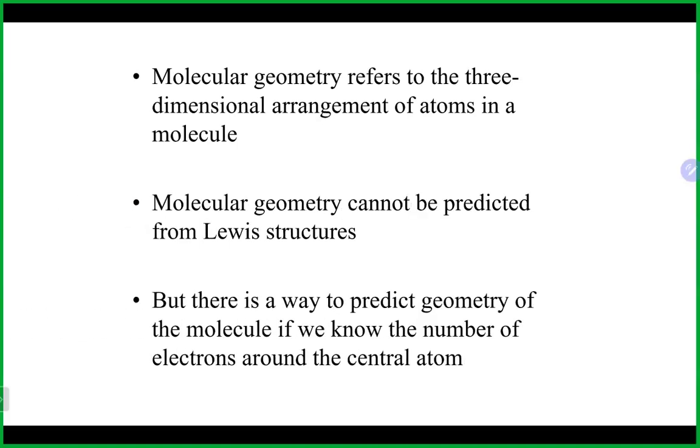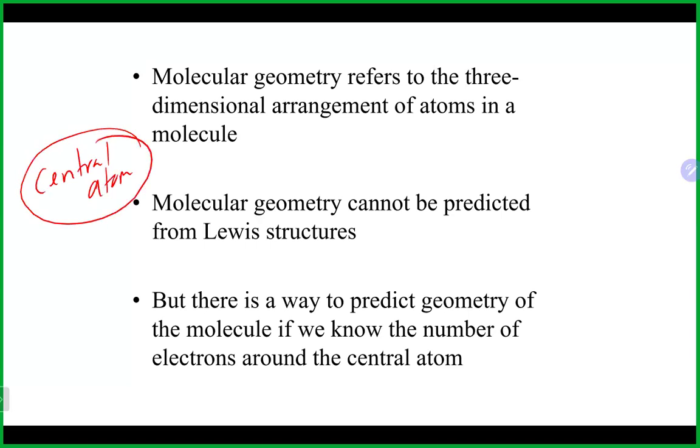So we can make a fairly good prediction of the geometry based on the Lewis structure, but not really the whole Lewis structure. It really comes down to the central atom. When you do geometry, it's always about the atom there in the middle, when there is a central atom.